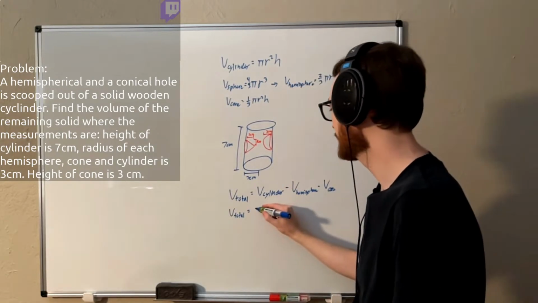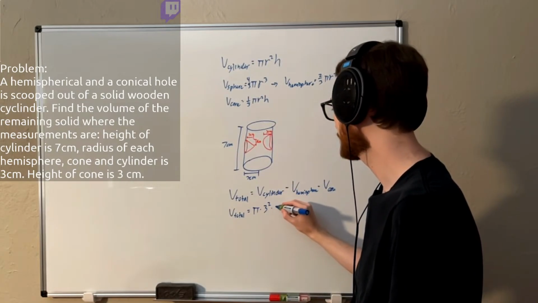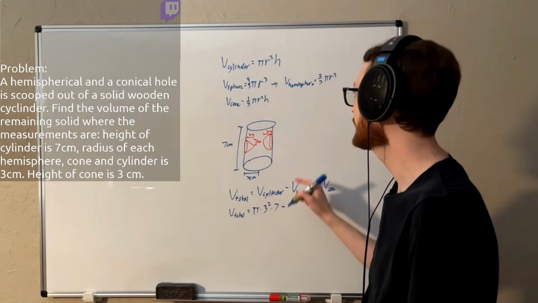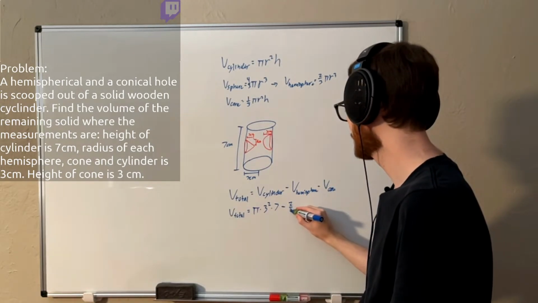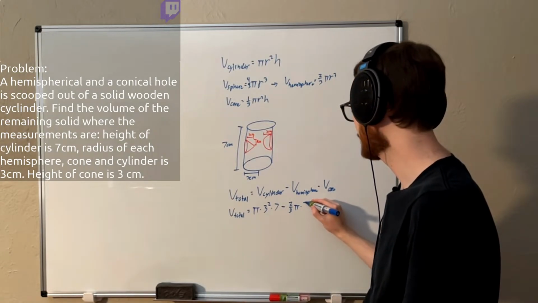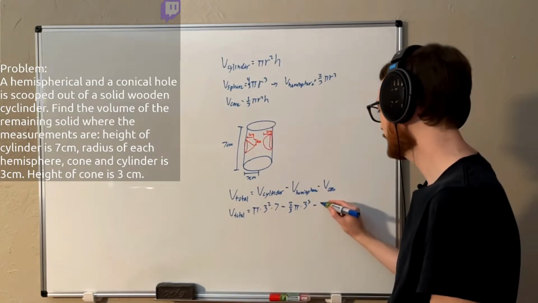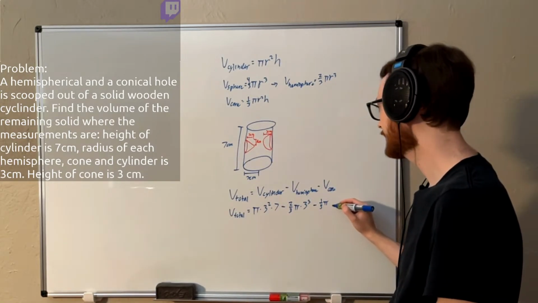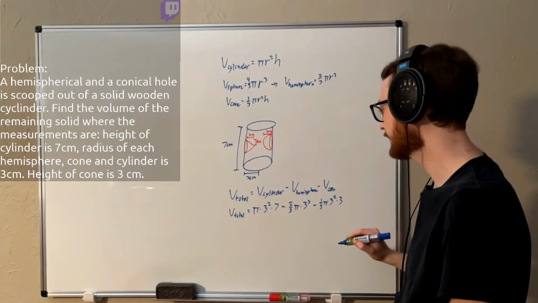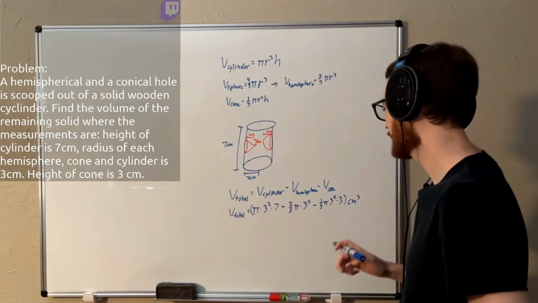So volume of the cylinder, pi times radius squared times 7, minus hemisphere, 2/3 pi times the radius cubed, minus volume of the cone, 1/3 pi, radius is 3 squared, height is 3, and this entire thing is going to have units of cubic centimeters.